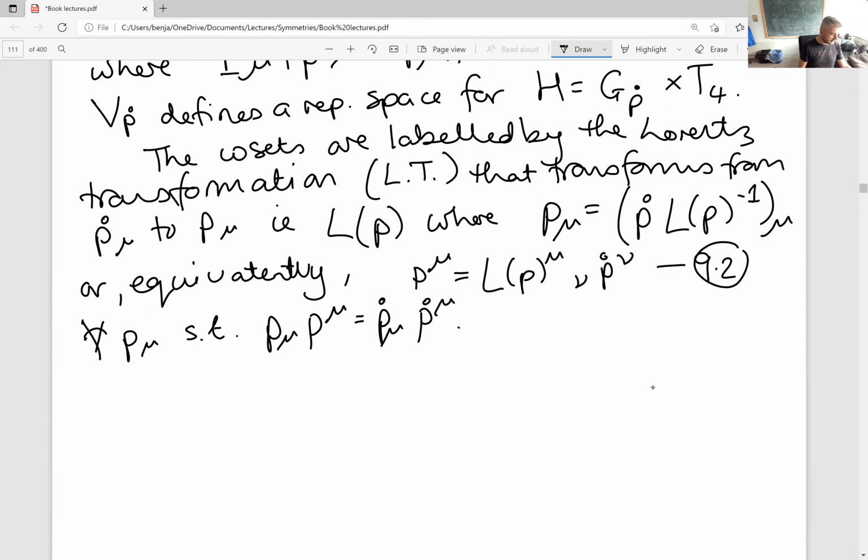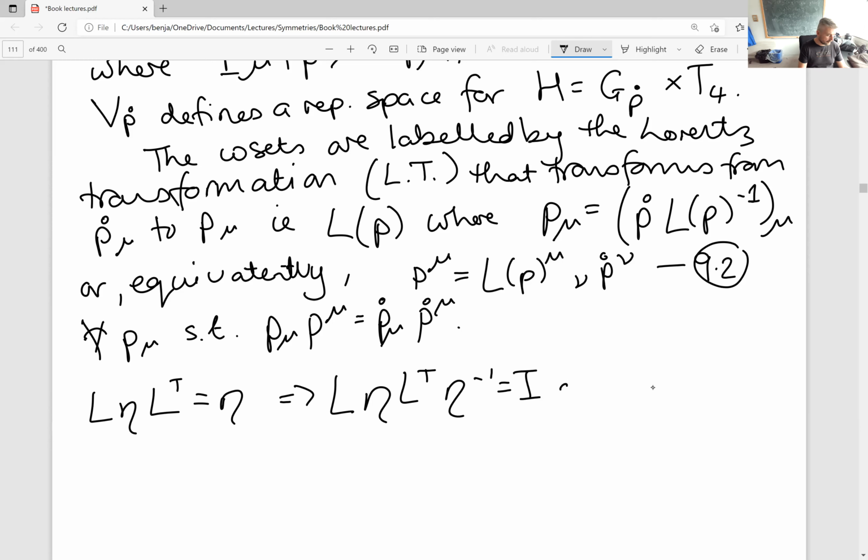Now notice that L is a Lorentz transformation, so it satisfies the matrix equation like that, where eta is the Minkowski metric. So this equation implies that L transposed eta to the minus 1 is I, or in other words, L to the minus 1 is equal to eta L transposed eta to the minus 1.